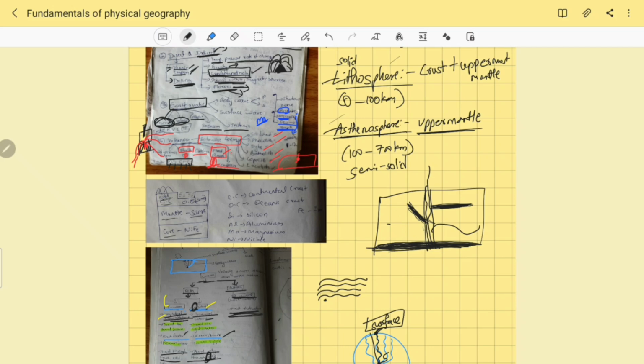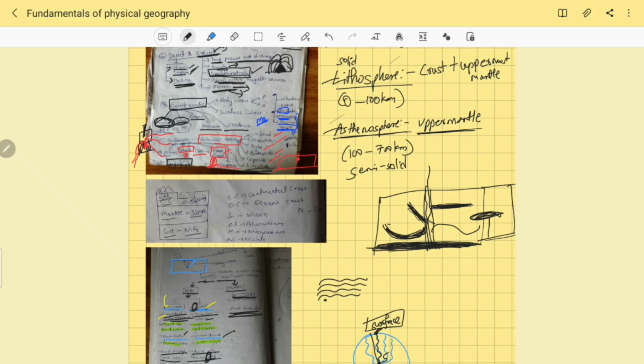Lopolith is in this saucer shape, like this C, an inverted half moon shape. Then you have lacolith. Lacolith is in this mushroom shape. Let me extend it here. So it is like this, in the mushroom shape, and that is known as lacolith.